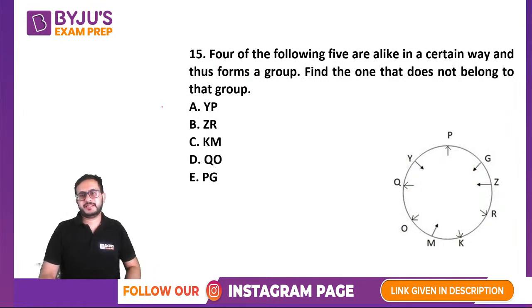Four of the five are alike in certain way and form a group. You have to find which is not following the pattern. So YP, ZR, KM, QO, PG.